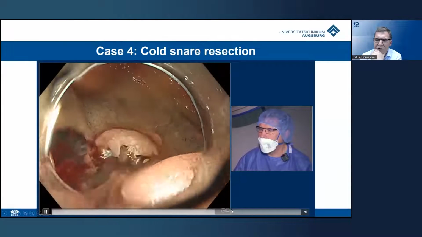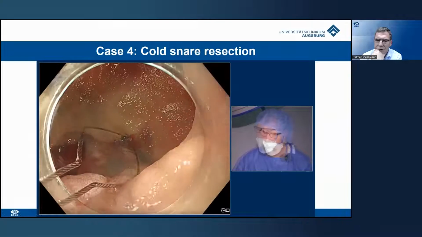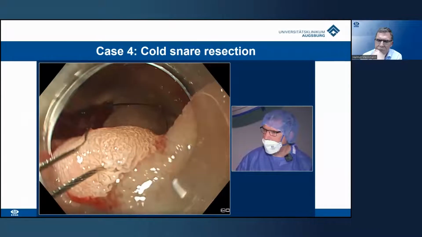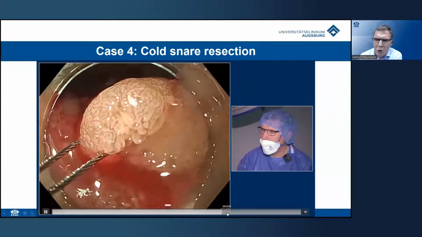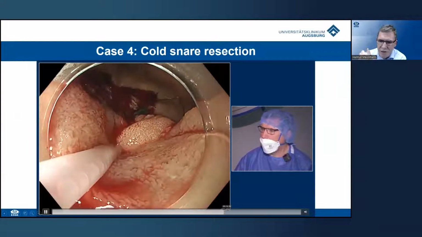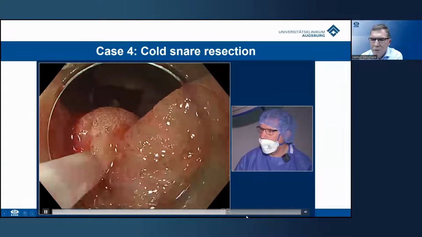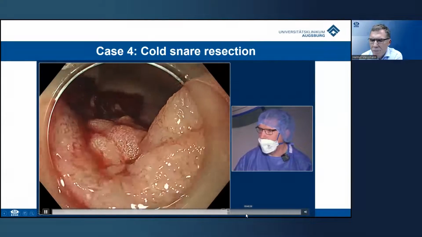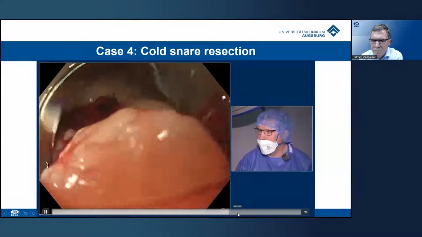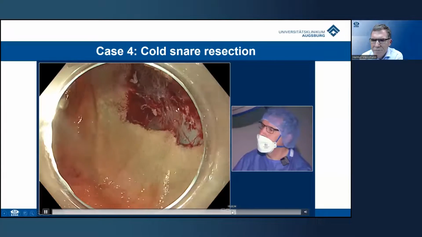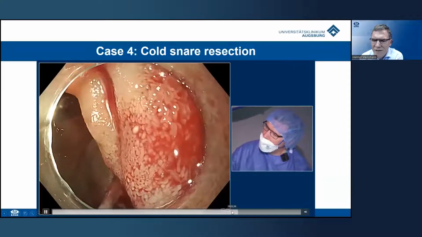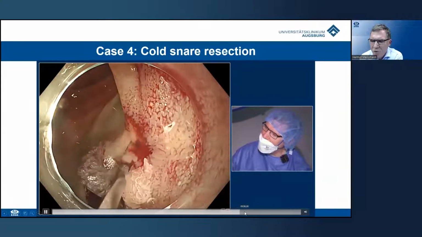It's very fast, and looks safe. For sure, an en bloc resection is too large for this lesion with cold snaring. Okay, so I think we got the whole lesion. So 3 pieces. But I lost one. You see here, a small remnant.